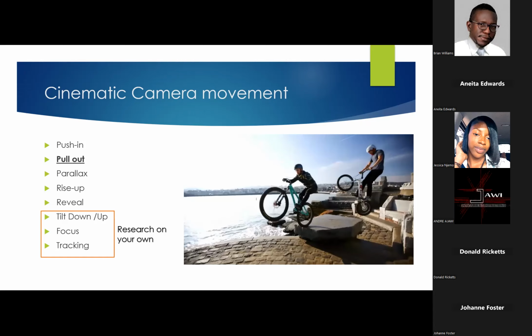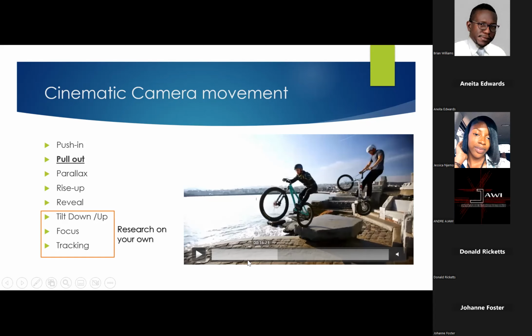An elevation is really a standard type of drawing, but still you can tell the difference when a person puts effort into drawing an elevation. And it's the same thing for your cinematic camera movements, right?